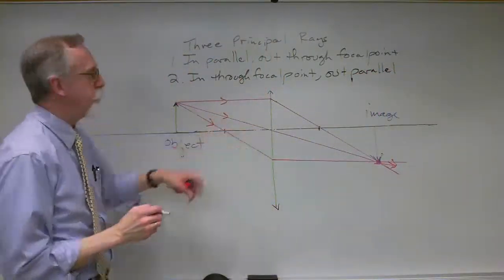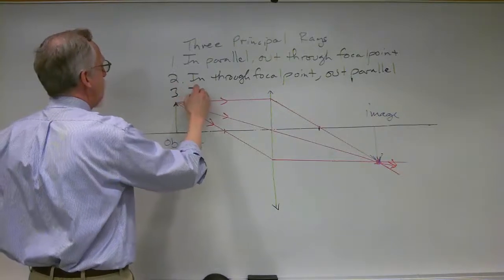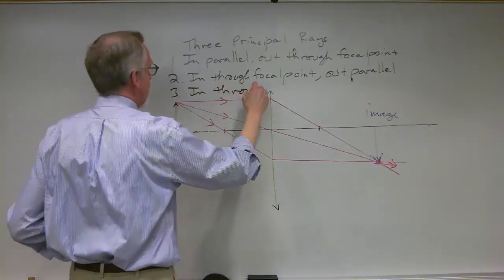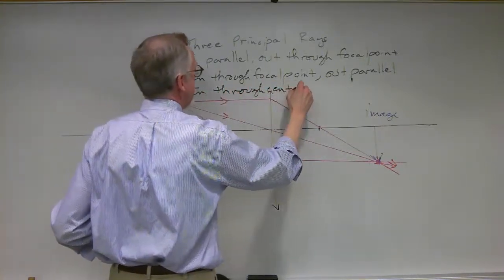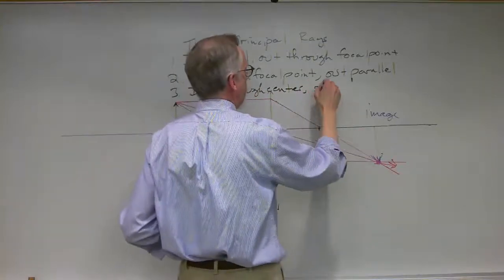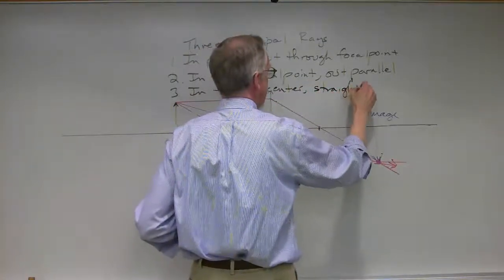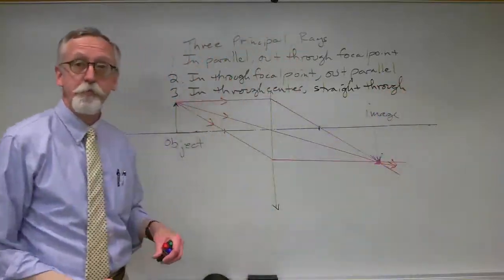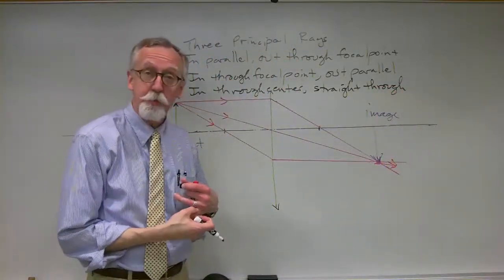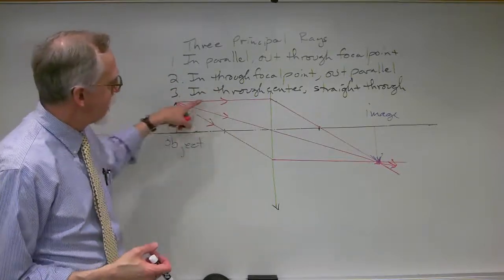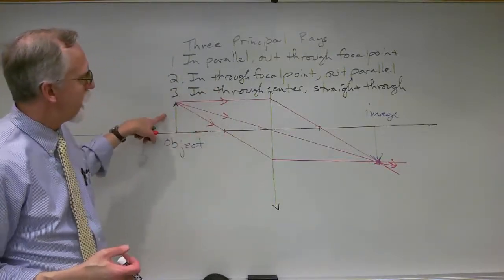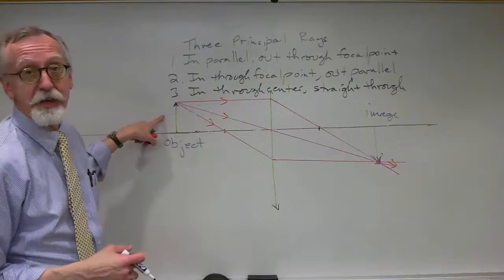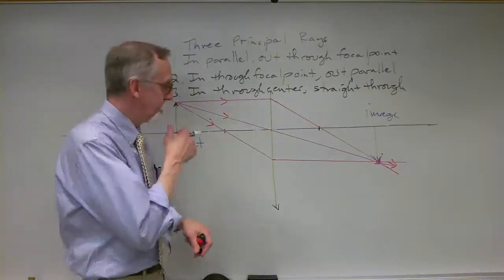And then finally the one through the center, in through the center, straight through. There we go. So there are our three principal rays and an example for an object, in this case an object that was at a distance of twice the focal length.